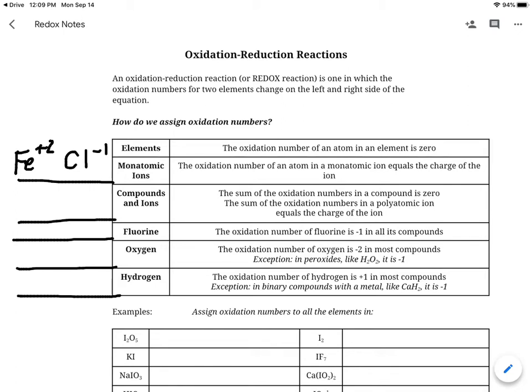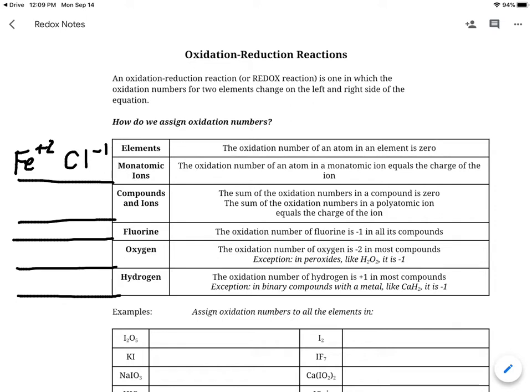The next rule is that if you're talking about compounds, the oxidation numbers have to sum to 0 in a compound. And if you're talking about polyatomic ions, the oxidation numbers are going to sum to the charge on the polyatomic ion.